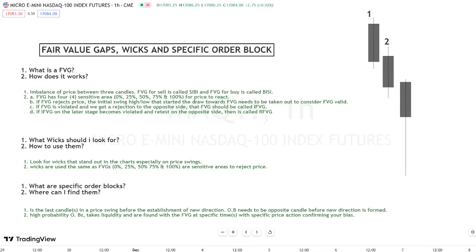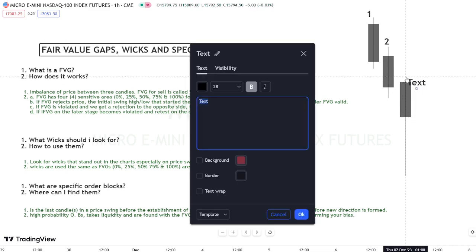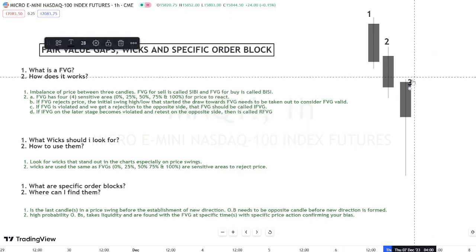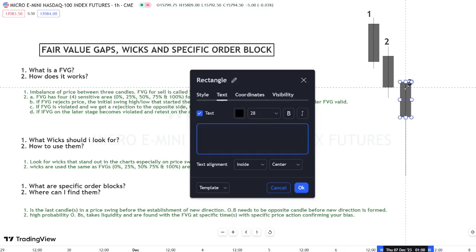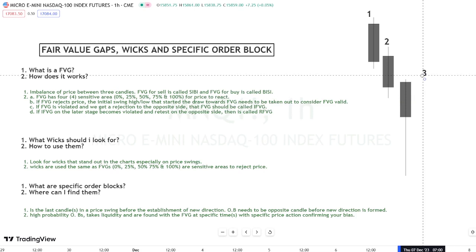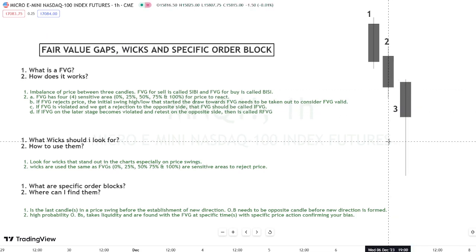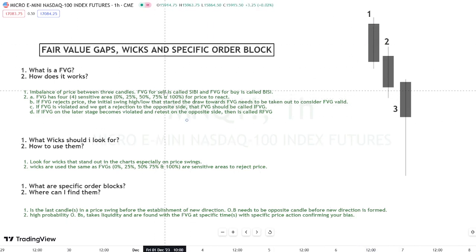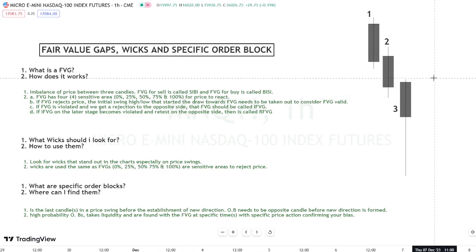Plus, I'm also allowing those who are new on TradingView to get the skill of how it is being utilized out there. Then this will be candle number 3. It's an imbalance between 3 candles. A fair value gap for sells is called a CB, which is this one for sell. It's an imbalance.